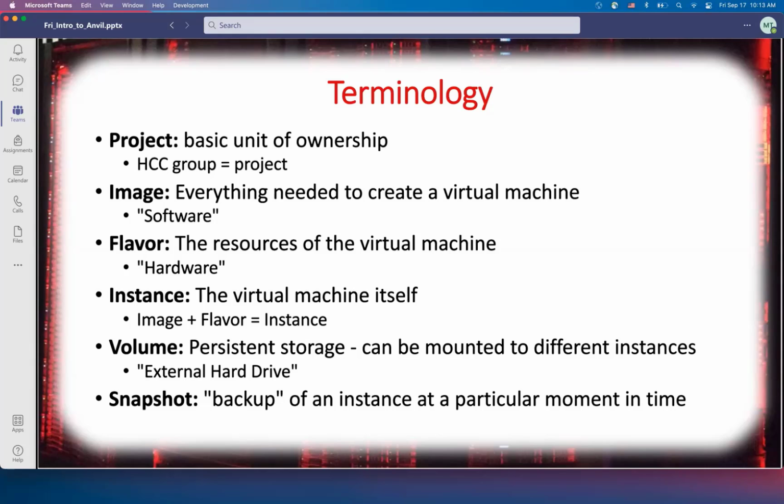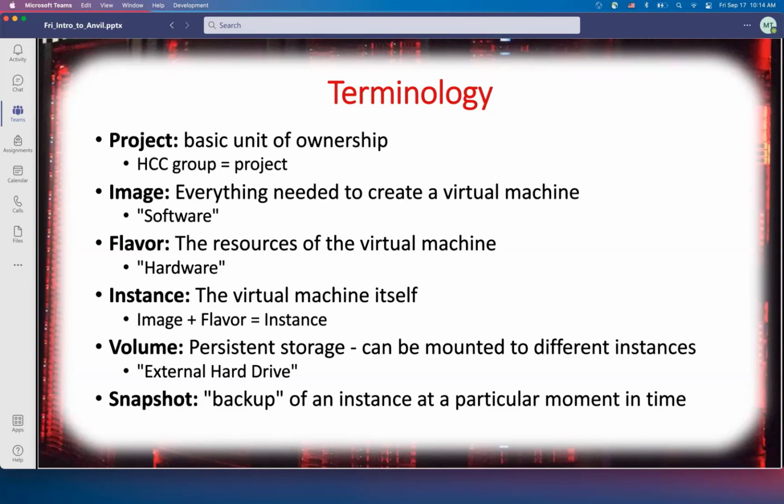For example, I want to create a virtual machine, an instance called X, which has the Windows 10 operating system, with a flavor of, for example, 4 CPUs and 8 gigabytes of RAM. So the image plus the flavor, the software plus the hardware, is the virtual machine itself, called an instance.